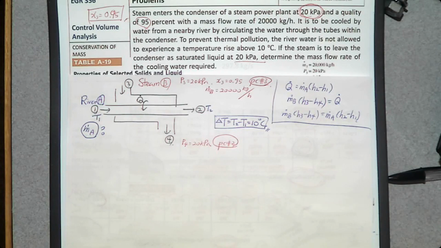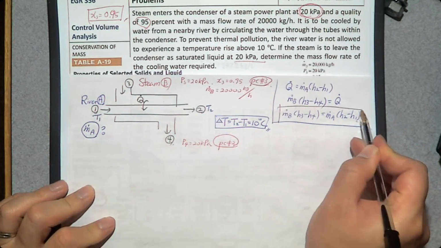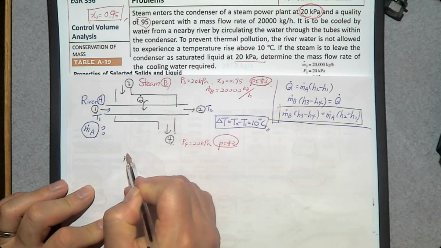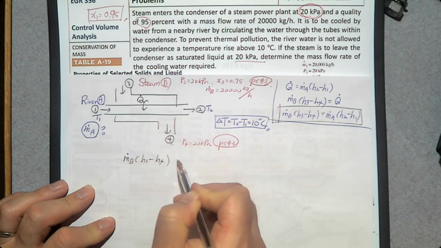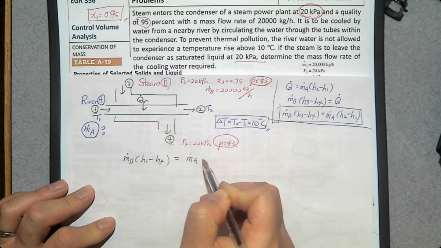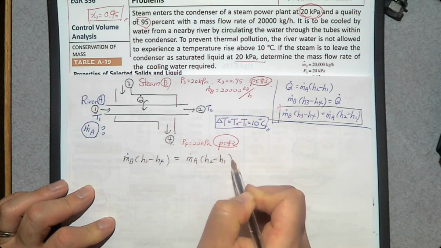So we are going to use the third one. Since we are not interested in Q dot, why do we need to determine Q dot? Because if you use the first 2, you need to determine Q dot, right? So I'm going to use the third equation, this one. m dot B times h3 minus h4 is m dot A times h2 minus h1.